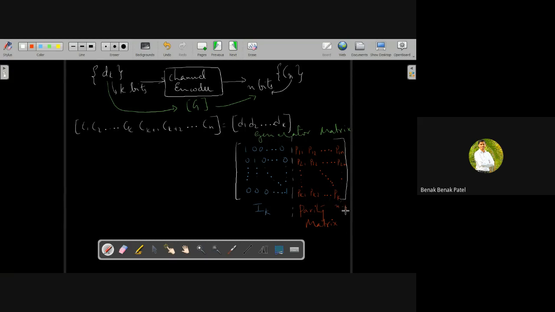So here, this is the size of the parity matrix, or in other words, of the identity part.